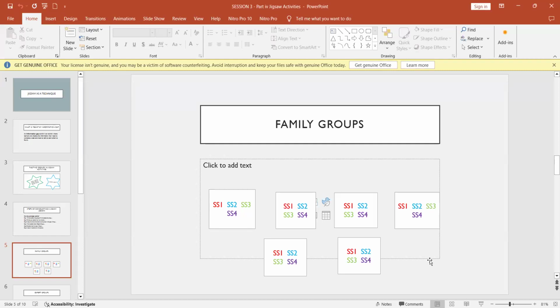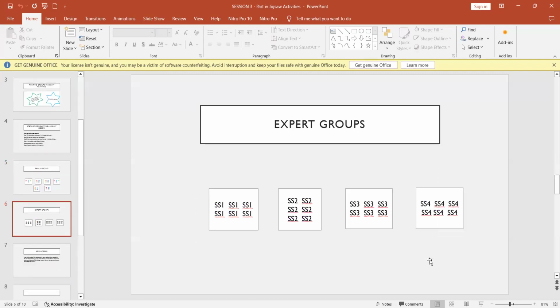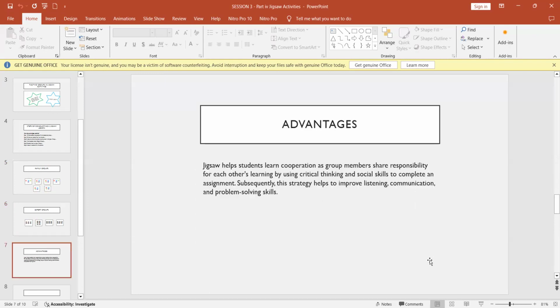That is why in the family group we have 4 members. Very good. So now expert groups. As there are 24 students in the class and the lesson is chunked into 4, the jigsaw groups have 4 members. So expert groups have 6 members. 4 expert groups, right? For part 1, part 2, part 3, and part 4.